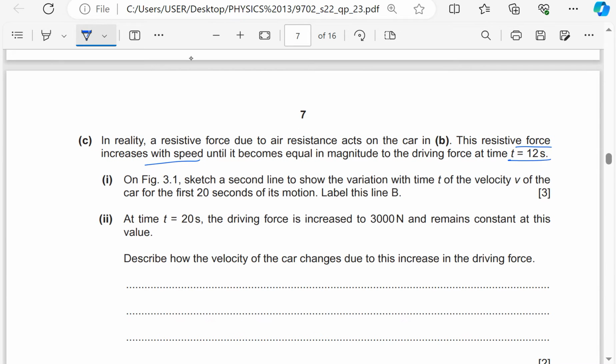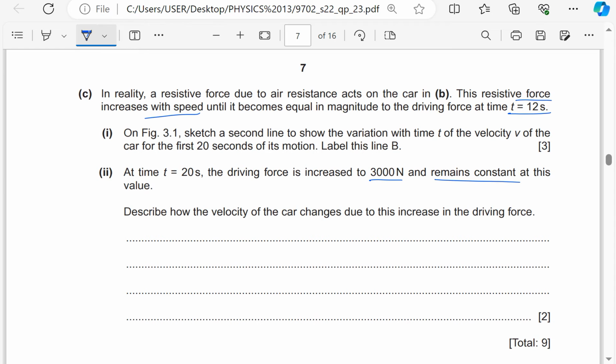At time t equals 20 seconds, the driving force is increased to 3,000 newtons and remains constant at this value. Describe how the velocity of the car changes due to this increase in the driving force. So the driving force is increased to 3,000 newtons at t equals 20 seconds.